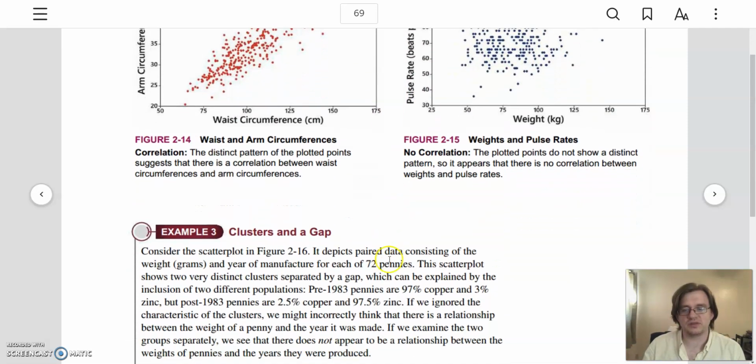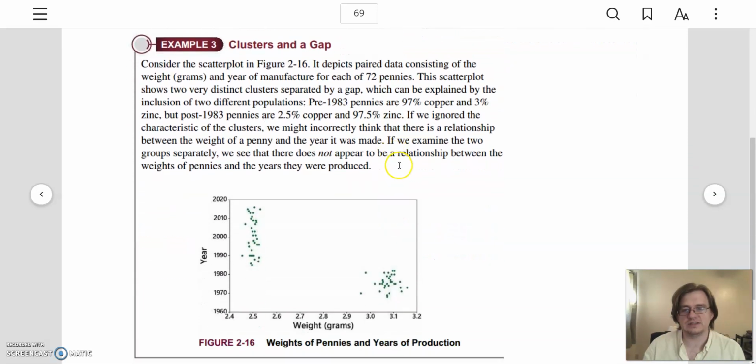And there are a few other things that we can learn. For instance, this scatter plot is looking at weights of pennies and the year that they came out. We can see on the left-hand side is the year on the vertical axis. Pennies that came out before 1980 look like they're sort of clustered over here, whereas pennies that came after 1980 look like they all weigh about 2.5 grams.